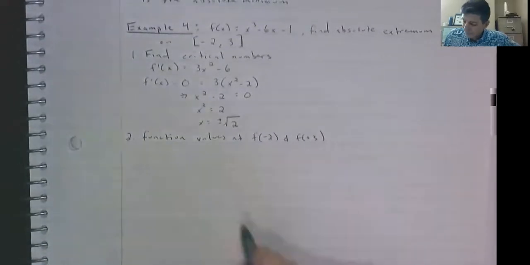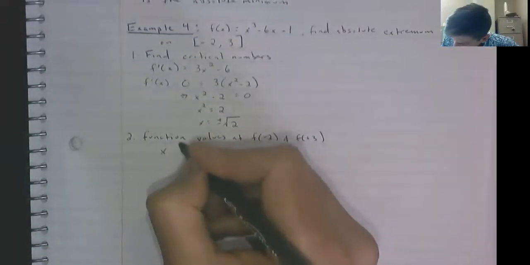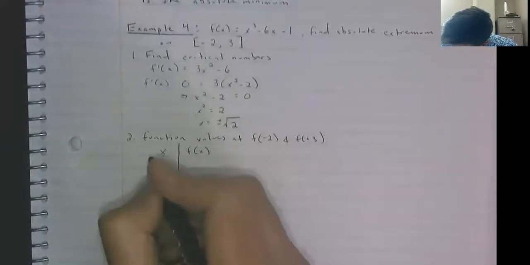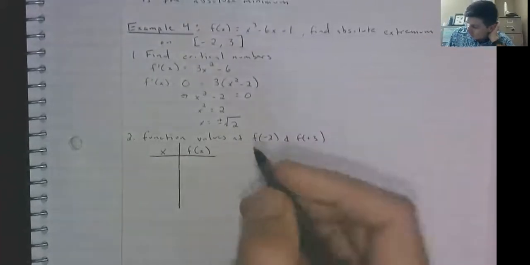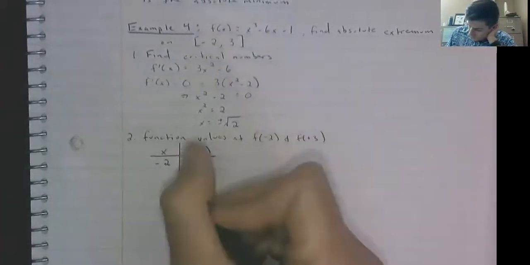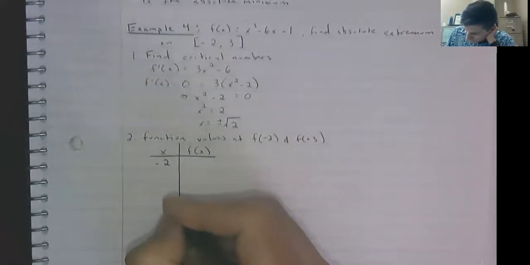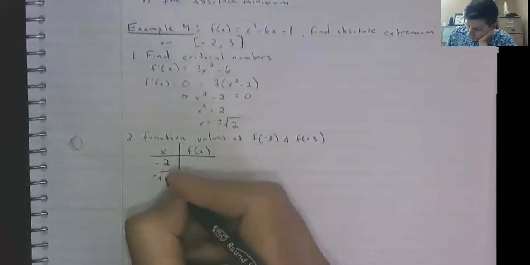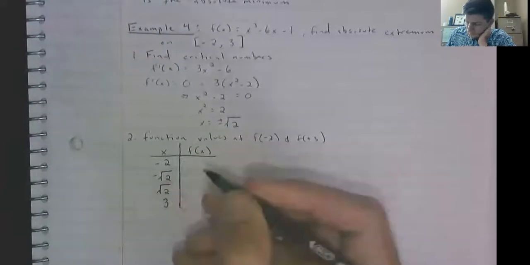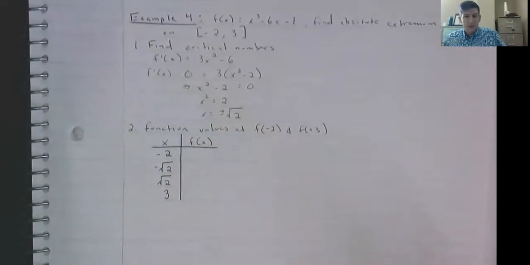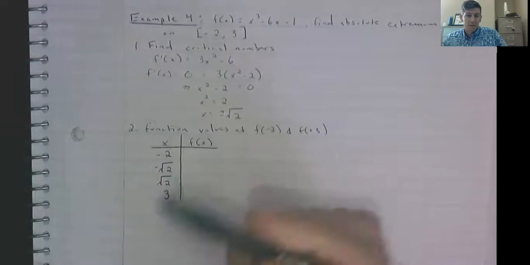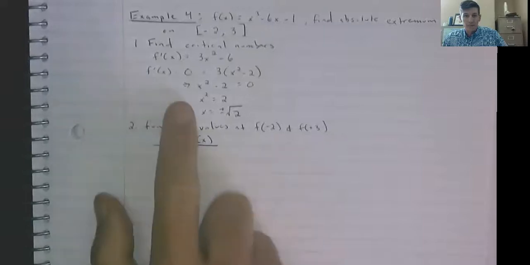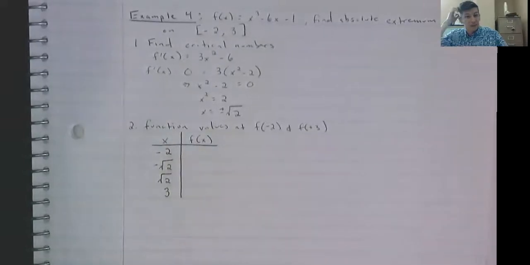I'm going to make a table: x, f of x. Our endpoints are -2 and 3. And we just found that our critical numbers are at -√2 and +√2. Now we're just going to fill these in and figure out what's the biggest. Because you've done the work to show where these numbers came from, now we can go to the table and just analyze.